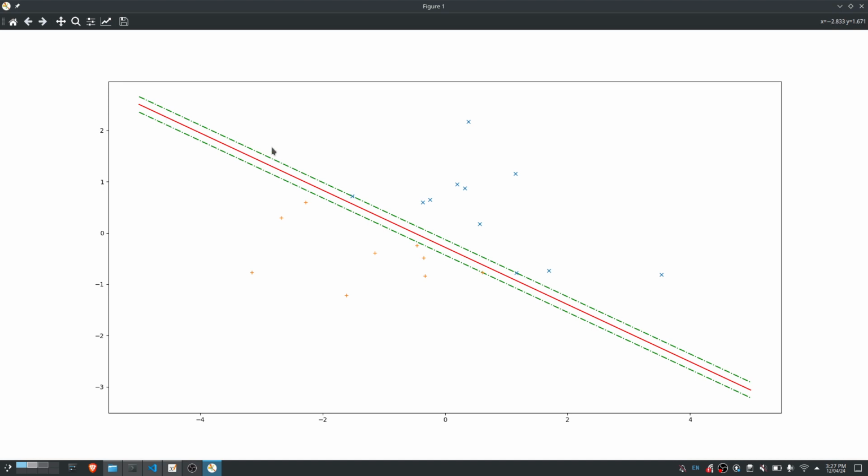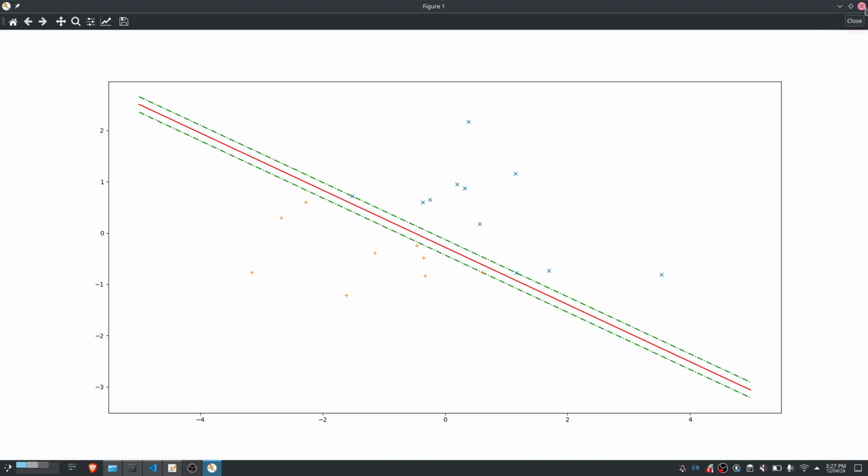That's a hyperplane that separates these two. But the buffer region is described by the entire region between these two green lines, correct? And you can see that the green lines intersect with some points on each side, correct? And that's to be expected. If you want the maximum buffer, then they have to touch those two sets, right?